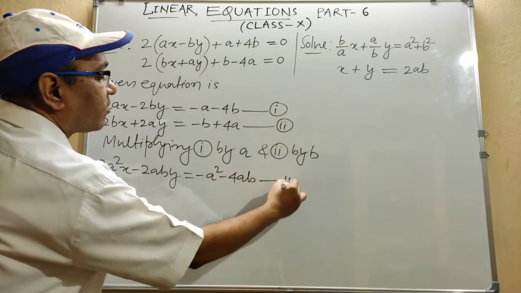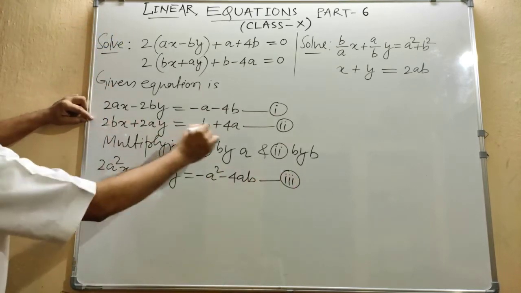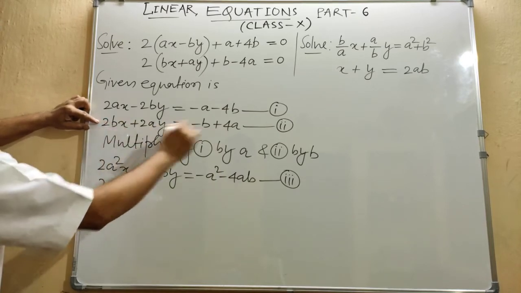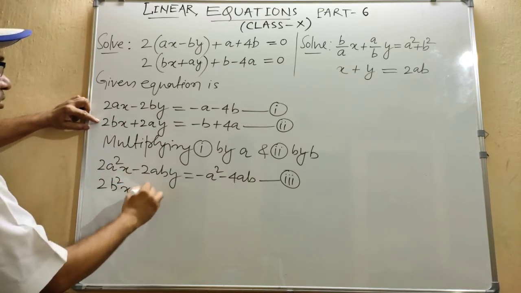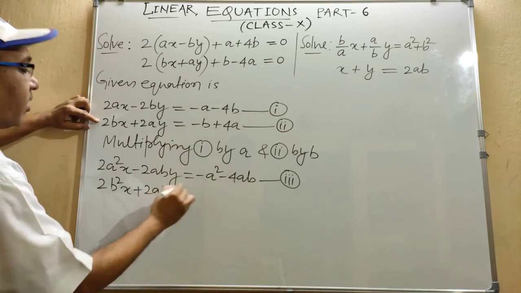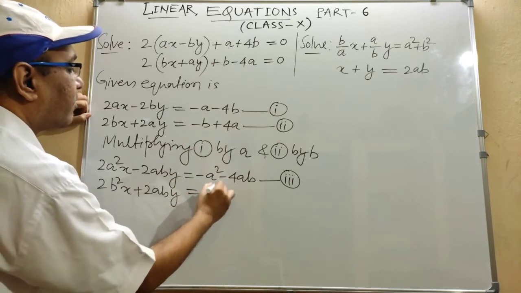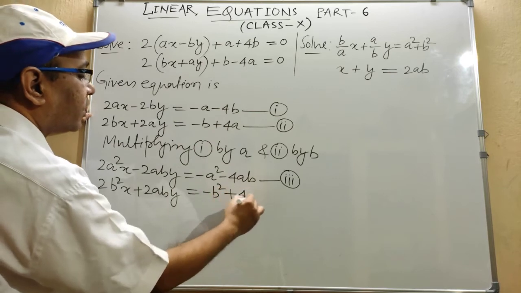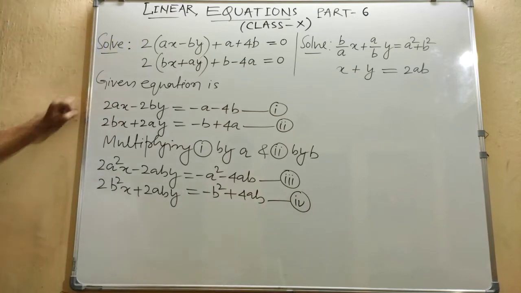Take it as equation number 3. Multiply this by b: 2b square x, here 2a is already there, multiplied by b, 2ab y. This side also by b: minus b square plus 4ab. Take it as equation number 4.